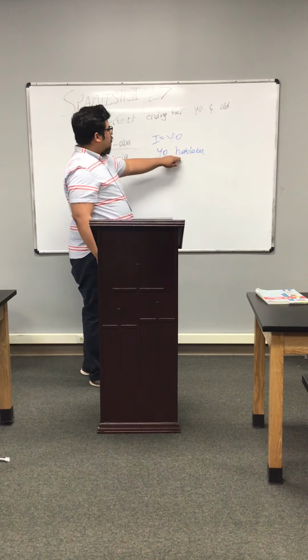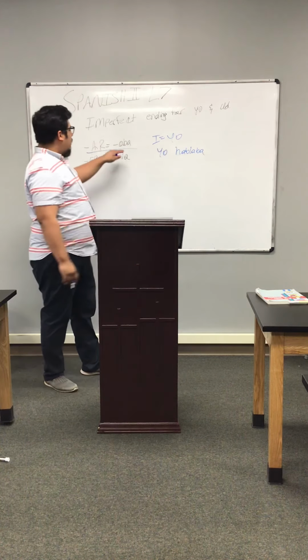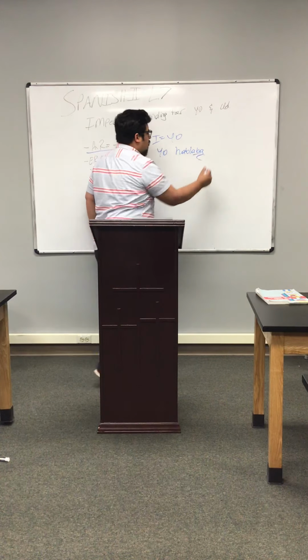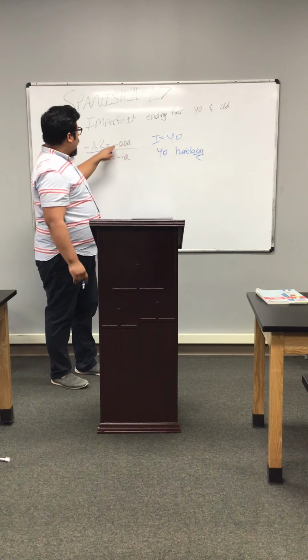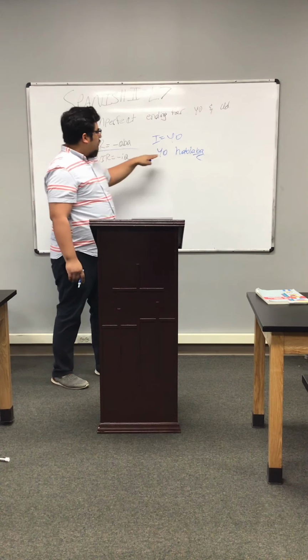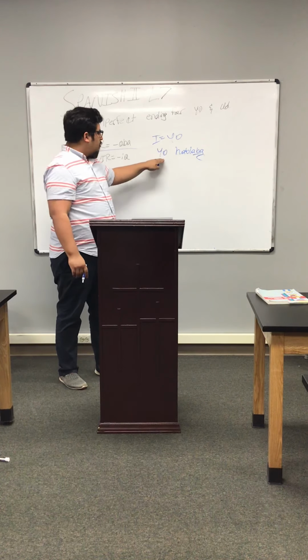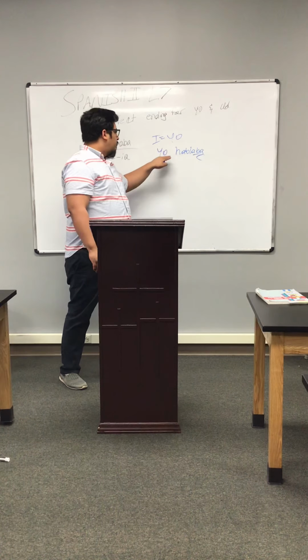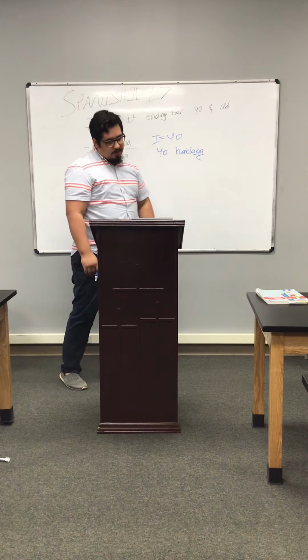So we have here yo hablaba. Again, hablaba. Now we have the ending ABA here. Okay? And so this is an AR verb. This is the yo form. Alright, I was talking. So yo, which is I, hablaba, was talking.